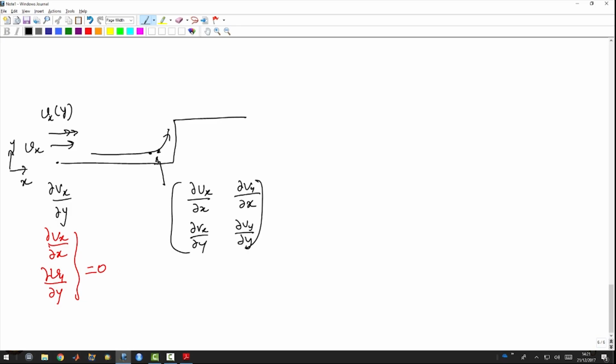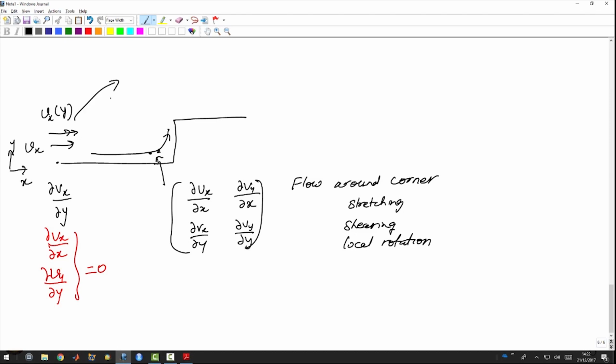So all these will be non-zero here, and so in flow around a corner, we will have stretching and shearing and local rotation. So all are present. While in this case, which was simple shear flow, we have only shear and local rotation.